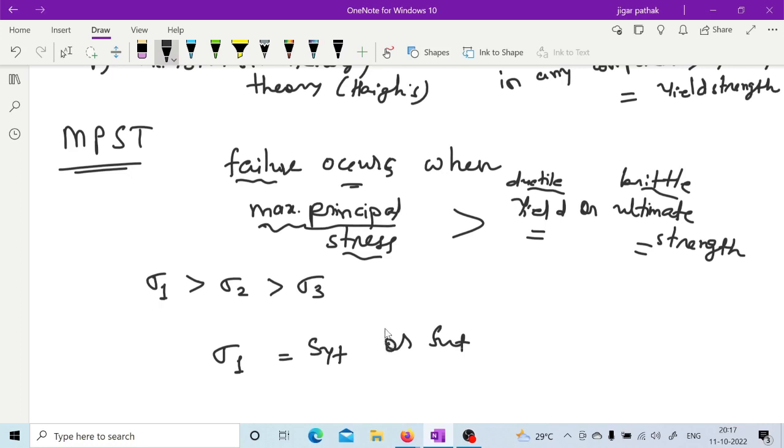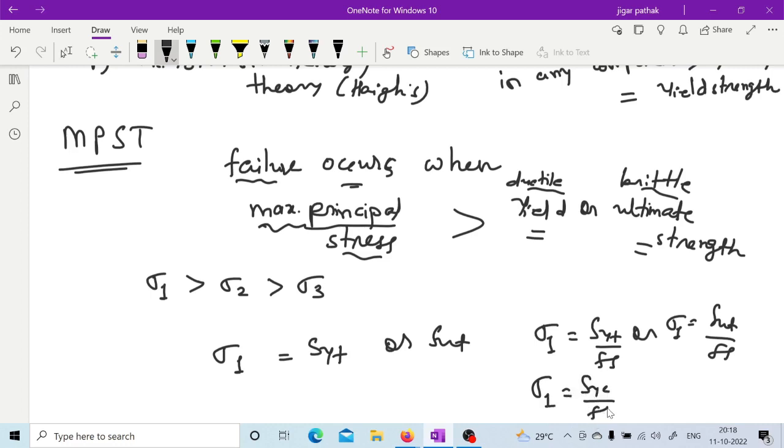If we consider the factor of safety, then sigma 1 is equal to SYT upon factor of safety, or sigma 1 is equal to ultimate strength upon factor of safety. Here we have considered it under tension only. For compression, it can also be written with the yield strength under compression, or ultimate strength under compression.